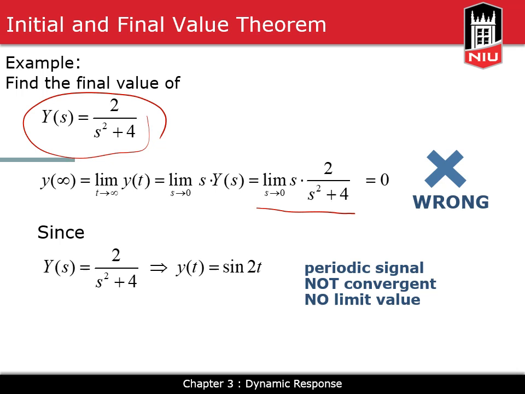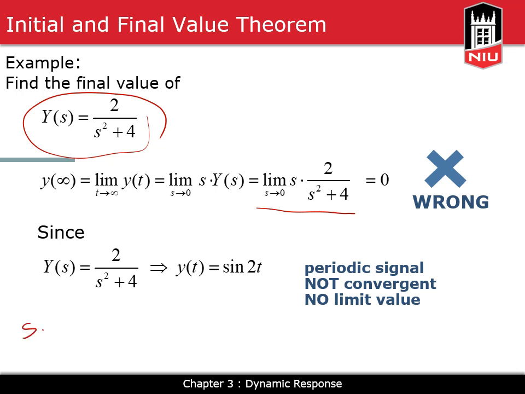If you go back to the table of Laplace transforms, there is a term like omega naught over s squared plus omega naught squared. That is the Laplace transform of sine of omega naught t.